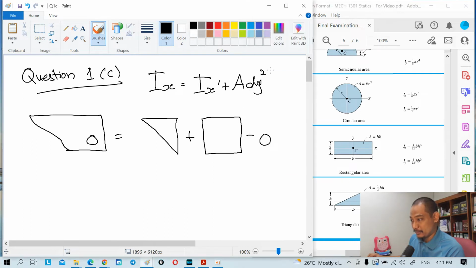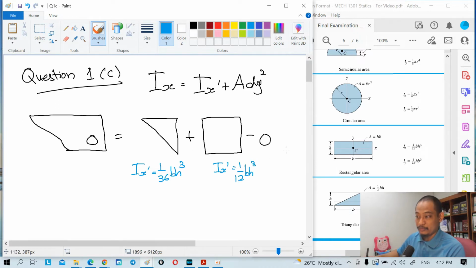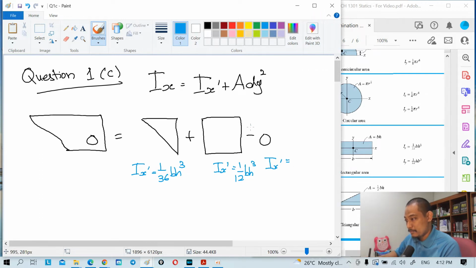For the triangle, let's use a different color: Ix prime is 1 over 36 bh cubed. For the rectangle, Ix prime equals 1 over 12 bh cubed. This one you normally already memorize. And for the circle, it is one over 4 pi r to the power 4.